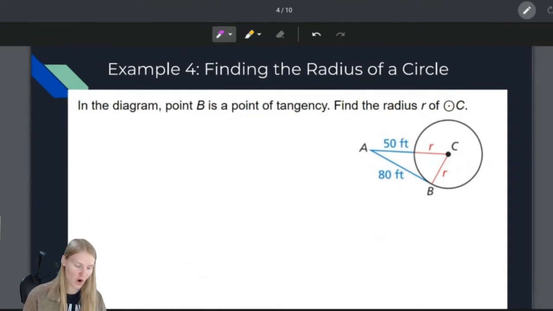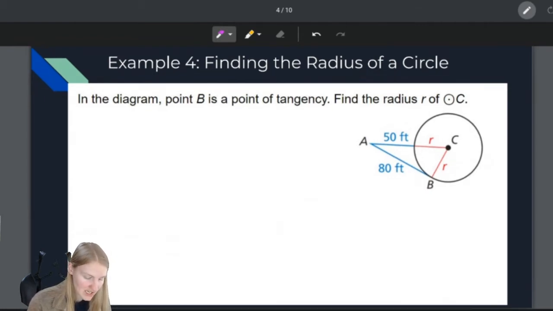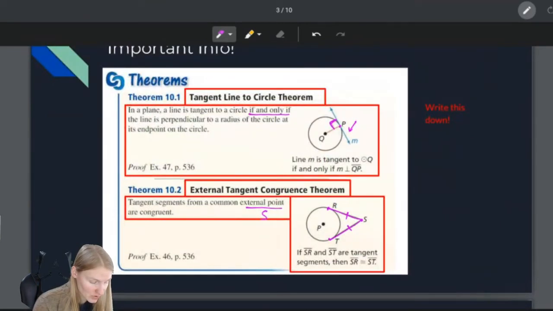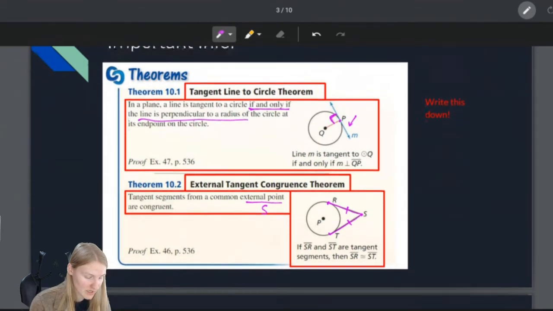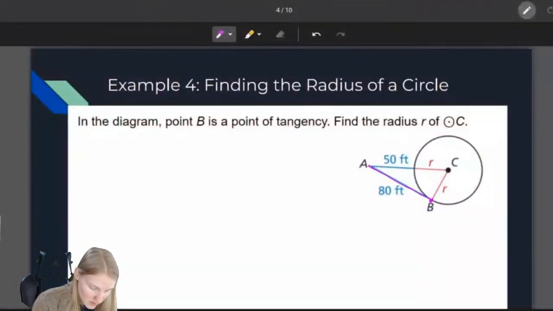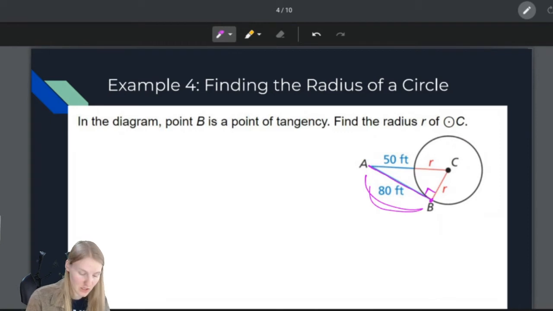Find the radius r of the circle C. Well, if B is a point of tangency, that makes AB a tangent segment, and our first theorem said that a line is tangent to a circle if and only if the line is perpendicular to a radius at its endpoint on the circle. So, if this really is a tangent segment, that means that this must be a right angle.